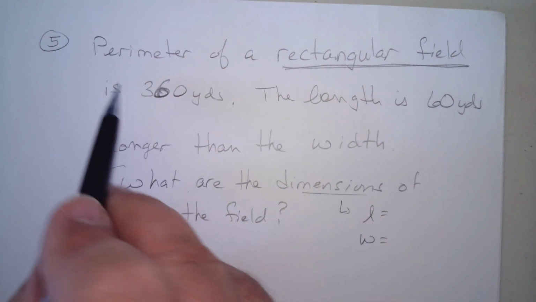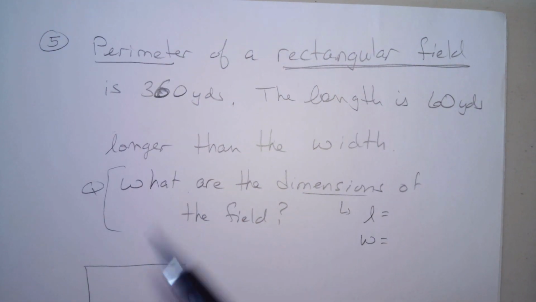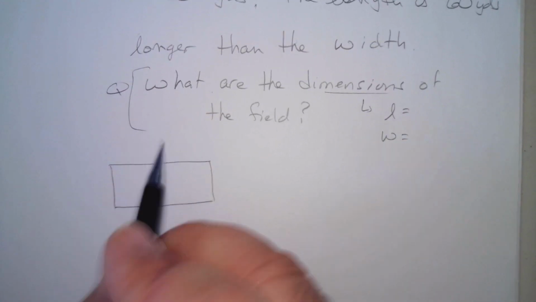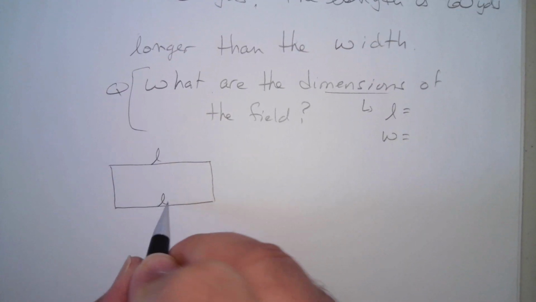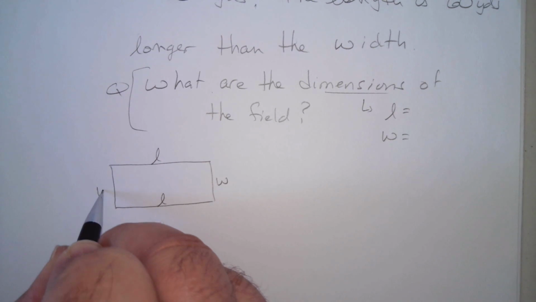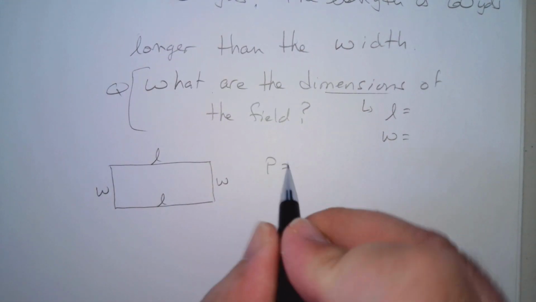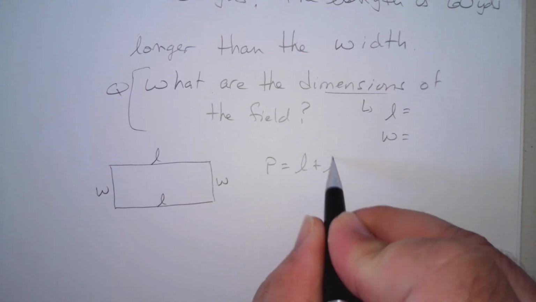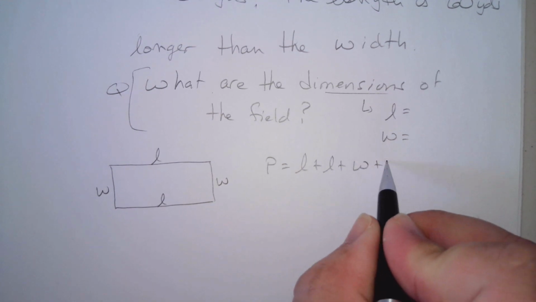Also in the first sentence, it says the perimeter of a rectangular field is 360 yards. Perimeter, we have a length, width. The perimeter is if you add all 4 of these up. You have length plus width.